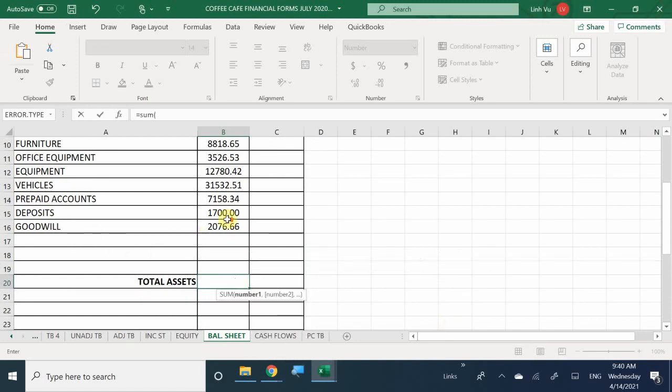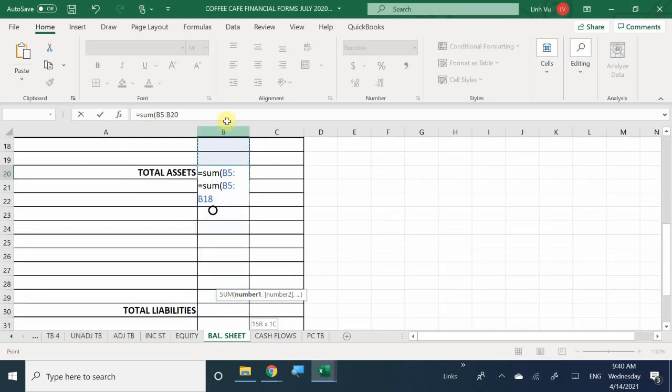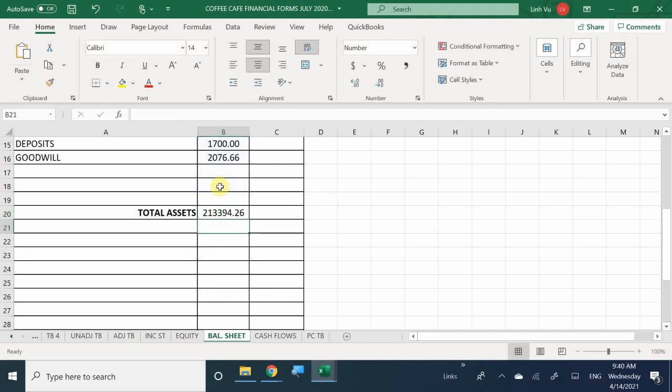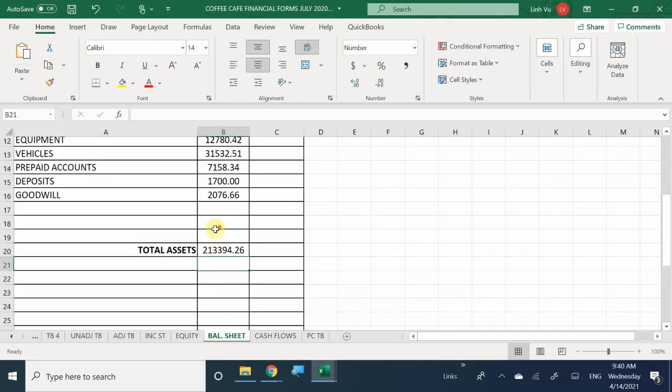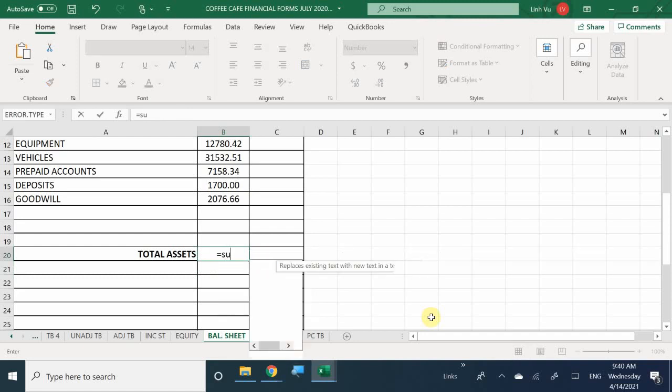What's your total assets? 221,597.19. Say that again? Yeah, I should check. 221,597.19 is mine. I will check. Hopefully I didn't do a typo here.